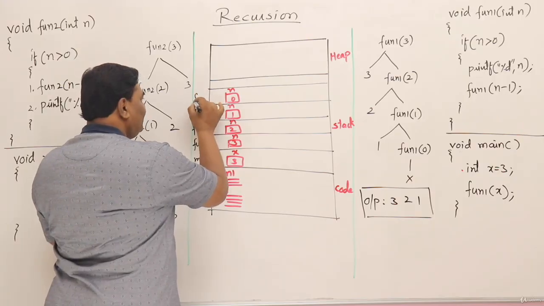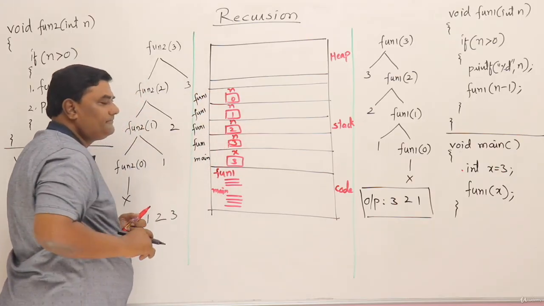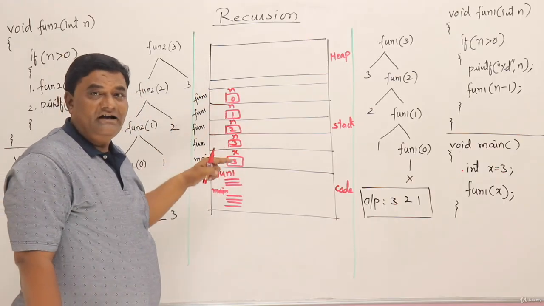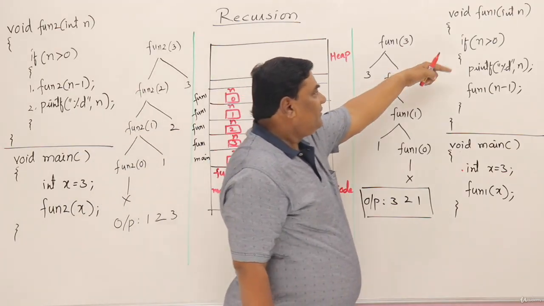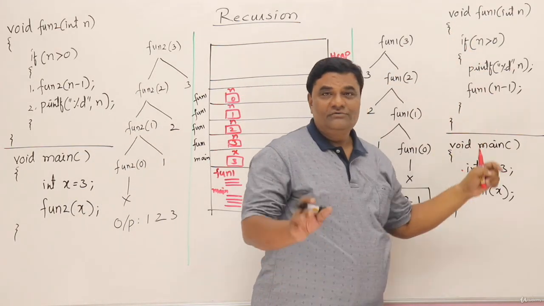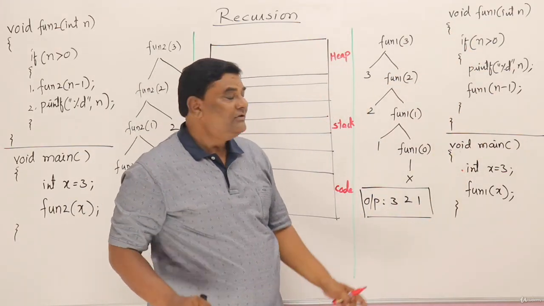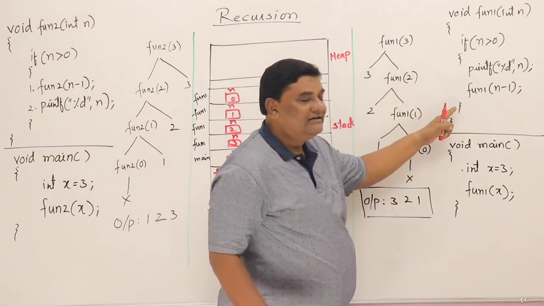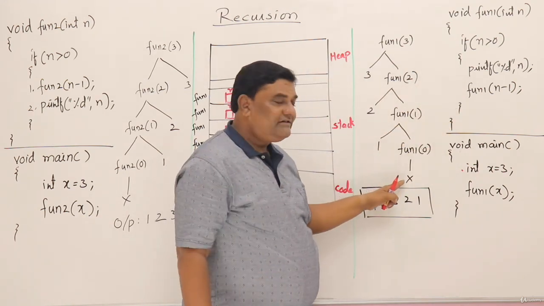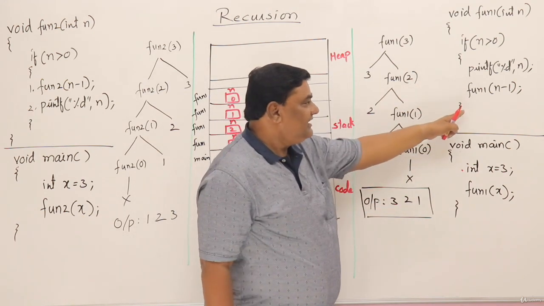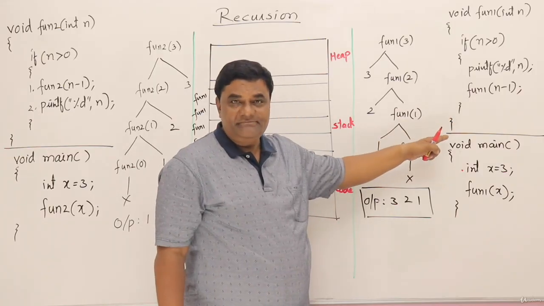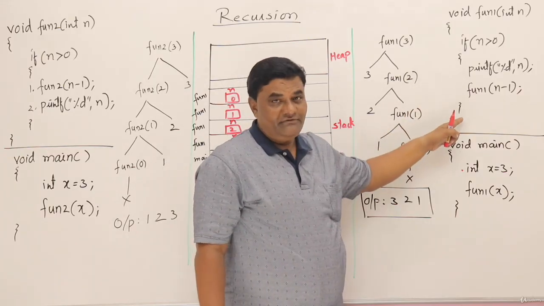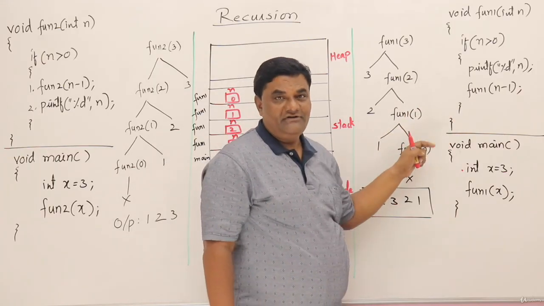This is a call again for fun1. This time, as n is 0, n is not greater than 0, so it will not enter inside and will not print anything. It comes out of the conditional statement and out of the function.